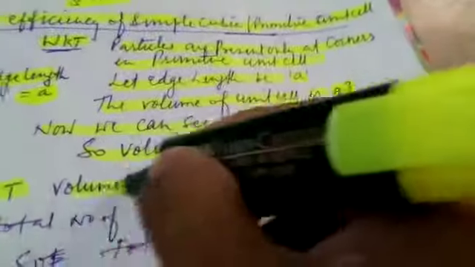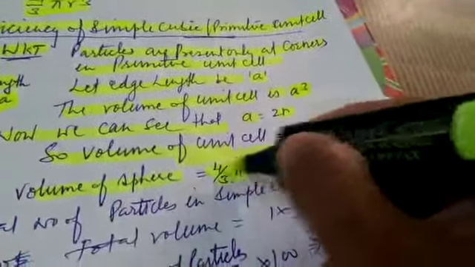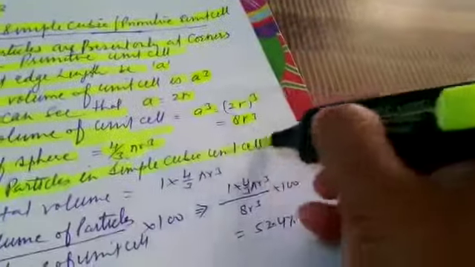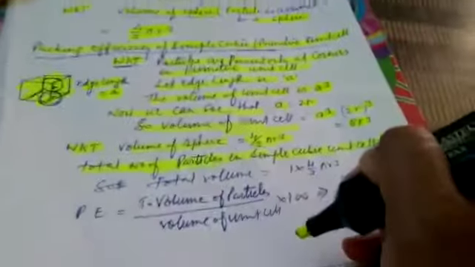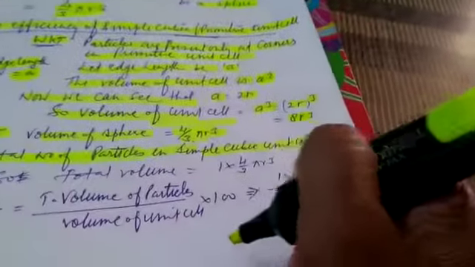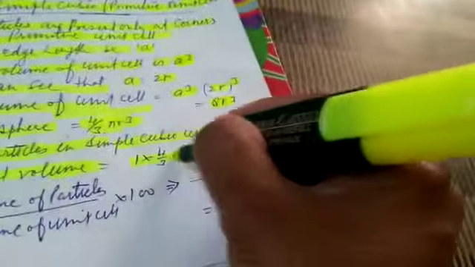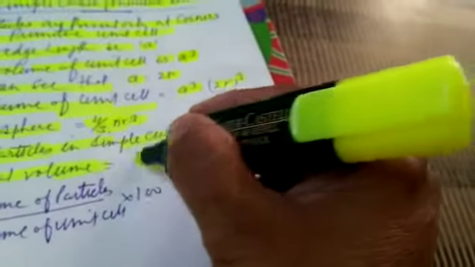We know that the volume of a sphere is 4 by 3 pi r cube. The total number of particles in a simple cubic unit cell is 1. So the total volume will be 1 into 4 by 3 pi r cube.